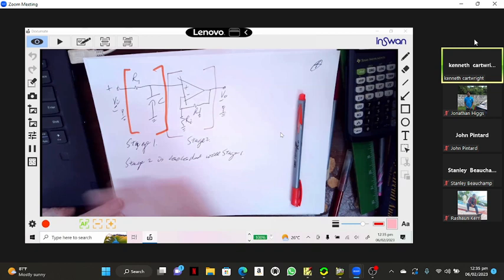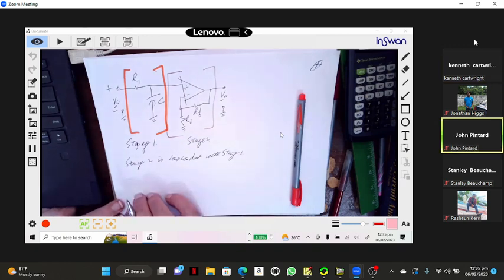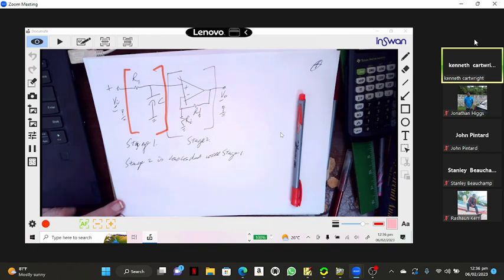The connecting and cascade? What do you do with transfer functions if they're cascaded? What's the overall transfer function?